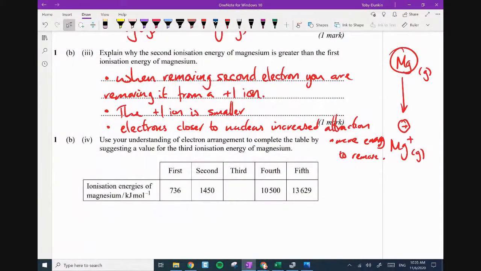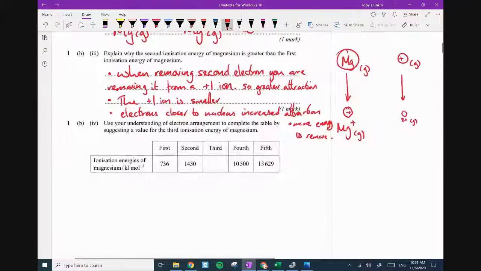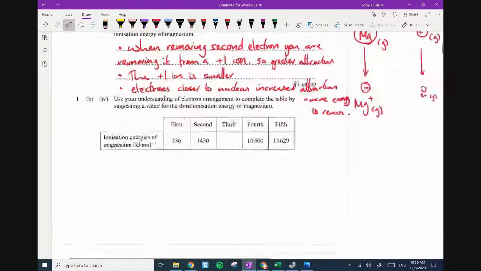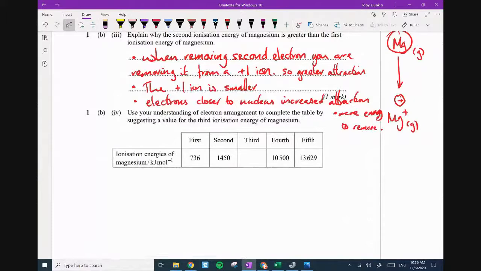So for the second ionization energy, I'm removing from a 1 plus ion, so greater attraction. The 1 plus ion is smaller, electrons closer to the nucleus, increased attraction, more energy to remove. I like it. I'm tempted to show you the mark scheme for that particular question. I can't be bothered. That's everything you need.